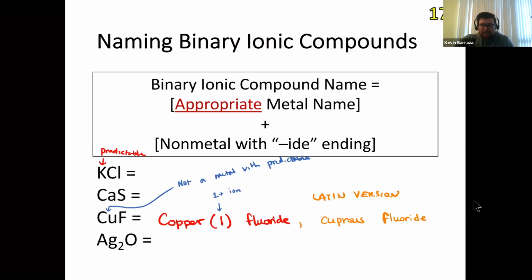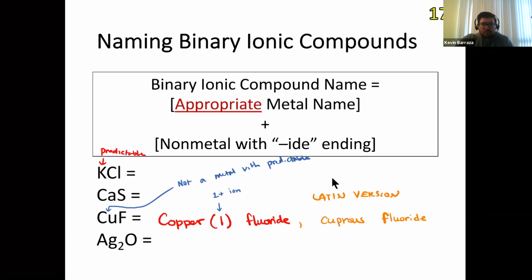What I tell students is that if I were to ask you for the name, you can give me whichever name you want. Copper 1 fluoride and cuprous fluoride mean the same thing. However, I am going to use both. So you can use whichever name you'd like. However, you should be able to understand me when I use either one.